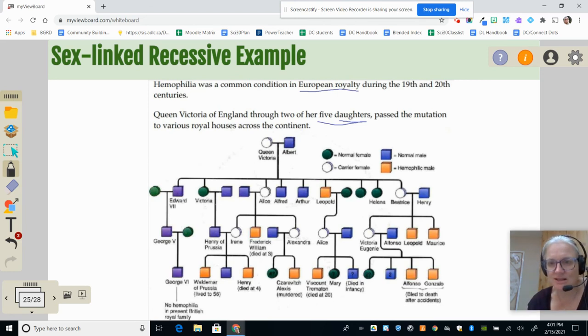You can start to see hemophiliac males in this pedigree here, and the ages that they died. It's quite sad. There's a lot of hemophilia in that royalty line that got passed on. But again, the point is that you can see that it's affecting the males. There are carriers that are females throughout, but no females that actually even have the hemophilia.